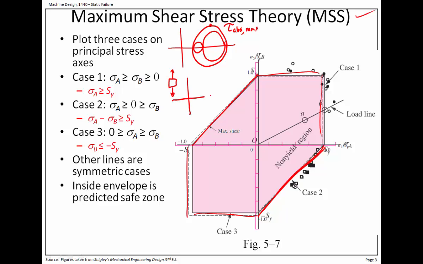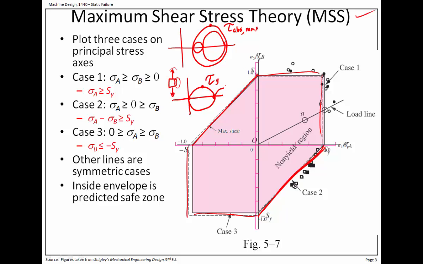So the Mohr circle of that is really just going to be a point here. That's going to be this stress that was applied, the yield strength, and on this side is going to be 0. So the Mohr circle for that one is going to look like this, and its maximum shear strength right here is going to be this right here. So that's going to be like the yielding shear strength.